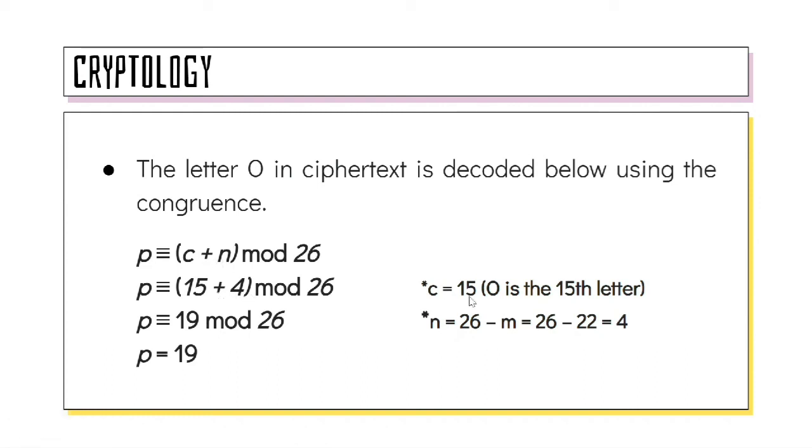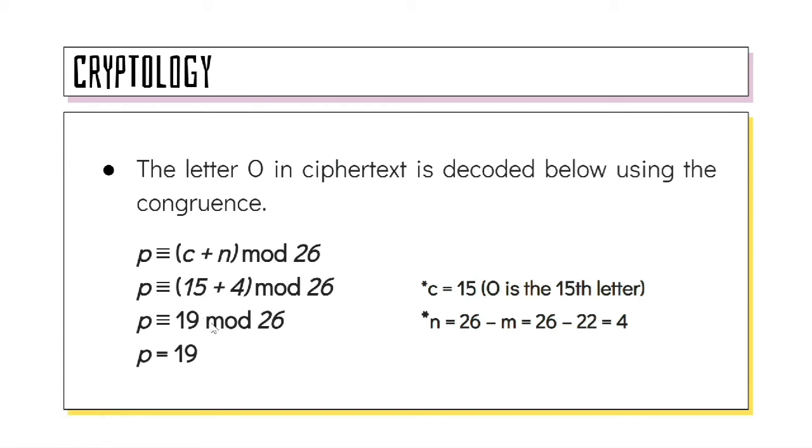N is equal to 26 minus M. So, 26 minus 22, using again the positions I used earlier since this is still the example of Lord Byron's poem. So, the answer is 4. Therefore, N is equal to 4, mod 26. 15 plus 4 is 19, mod 26.